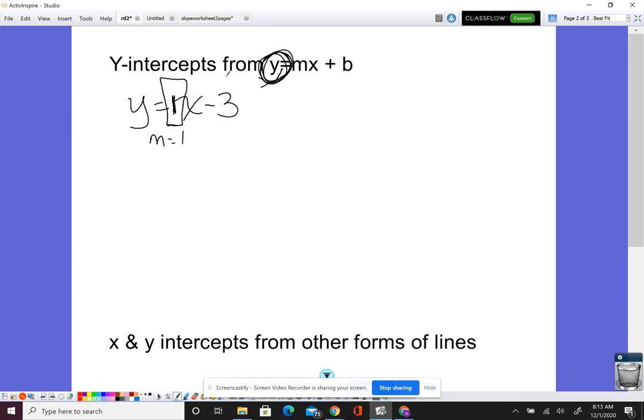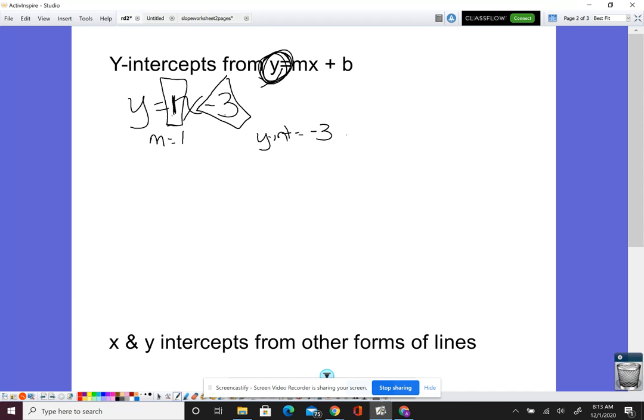This time, we're looking at the number and the sign right after the x, that -3. That is the y-intercept. So we can pull out a slope and a y-intercept from the equation of that line, as long as the line is solved for y.